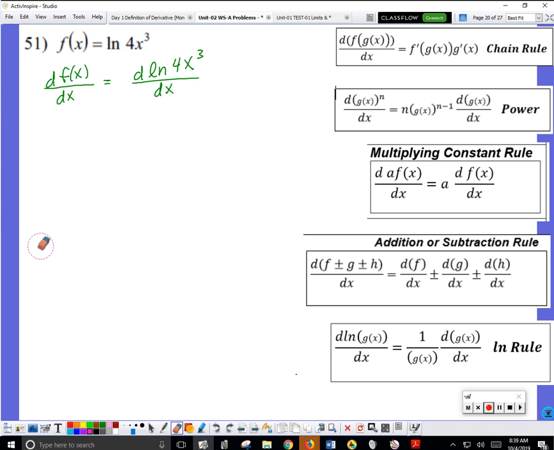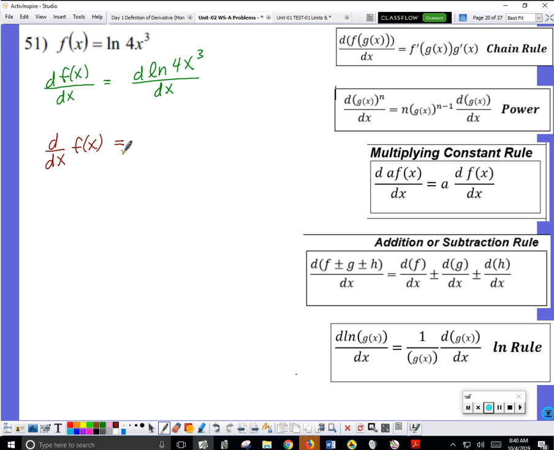So I make the substitution. Just to prep you for the AP test, don't forget that you may see that type of notation. That means the same thing. I don't typically write that way, but sometimes I just forget and it's okay. The ln rule is easy to memorize.